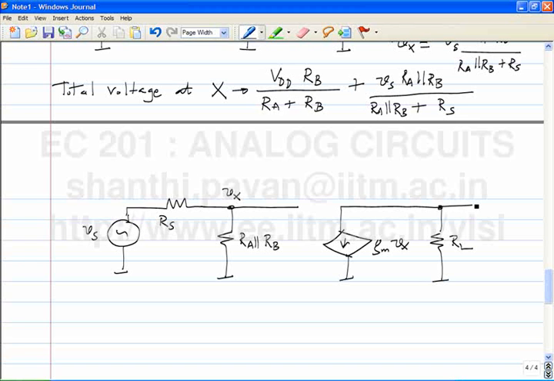And why is RL connected to ground on one side? In the incremental equivalent circuit, VDD becomes ground. So this is the incremental output.